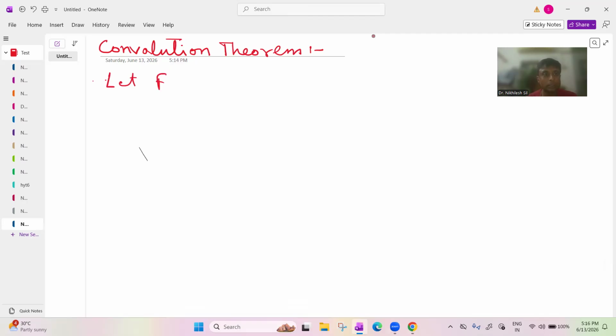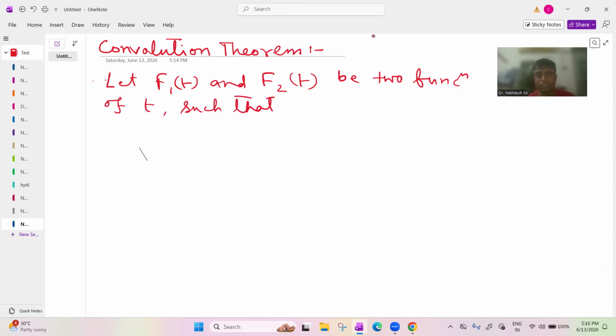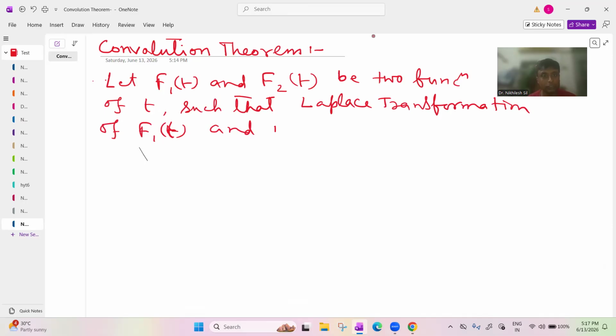Let f1(t) and f2(t) be two functions of t such that the Laplace transformation of f1(t) and f2(t) exists.